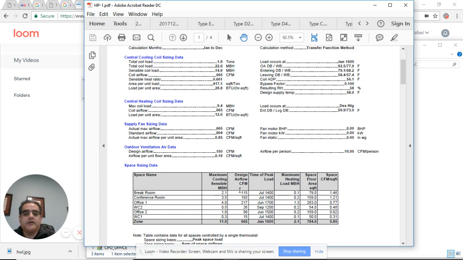Then there's another CFM here, this column, design airflow CFM. That's the air that actually comes out of the air conditioning unit. The 150 is air we pull from the outside and mix. So the total air that comes out of the air conditioning unit and is distributed through the spaces is 665 CFM.